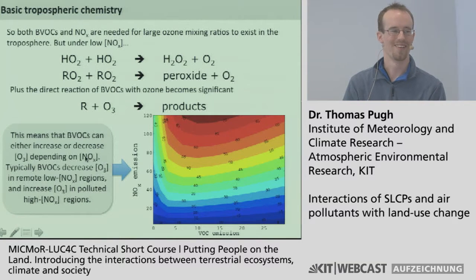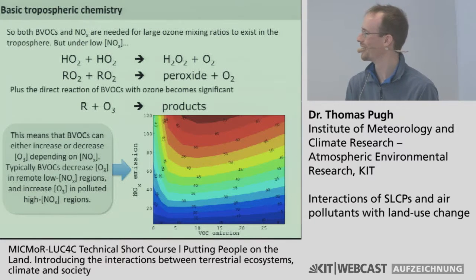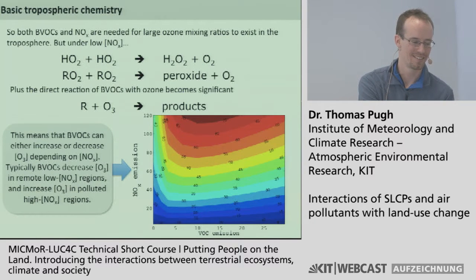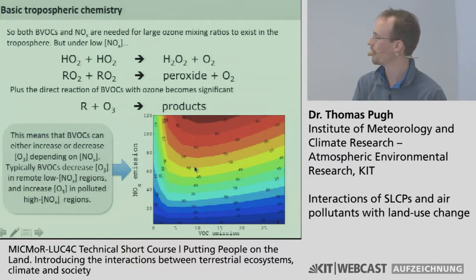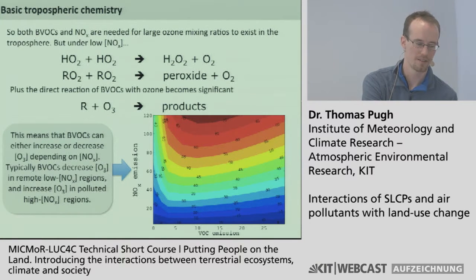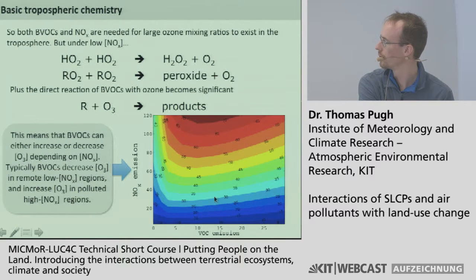And that's what this lovely plot shows. So this is an example of what we term an isopleth diagram. And basically what you see is the change in ozone mixing ratio as you increase VOC emissions along the bottom here and NOx emissions up the side. You can equally make this with concentrations. It has exactly the same shape.